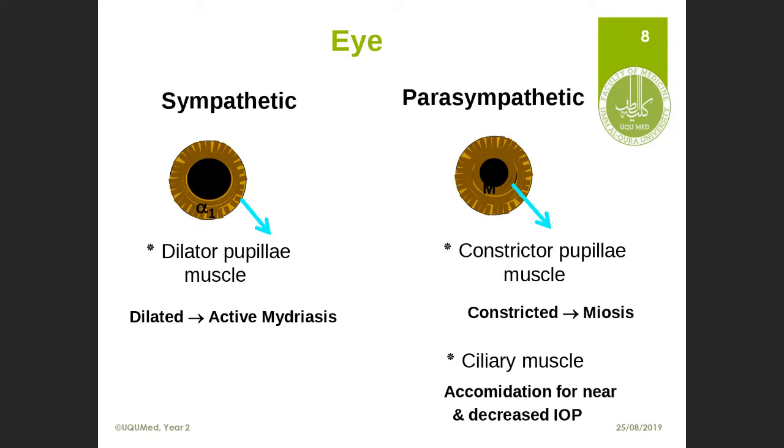So it means that every body system or organ or muscle has sympathetic and parasympathetic nerve stimulation at the same time.